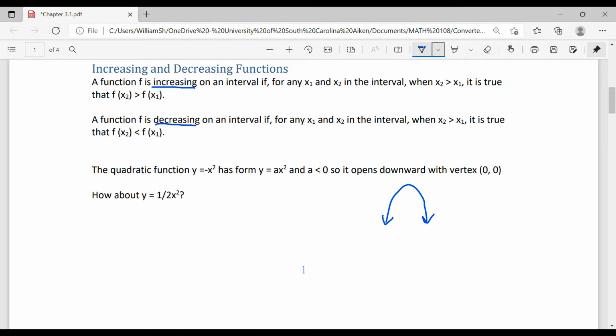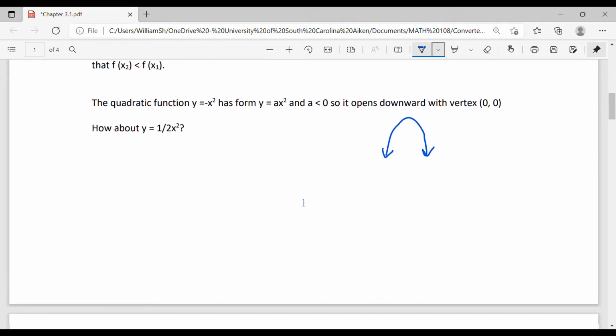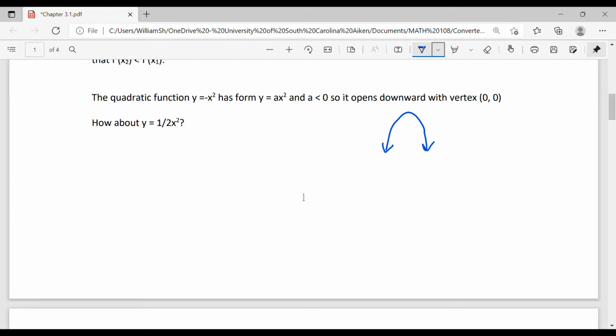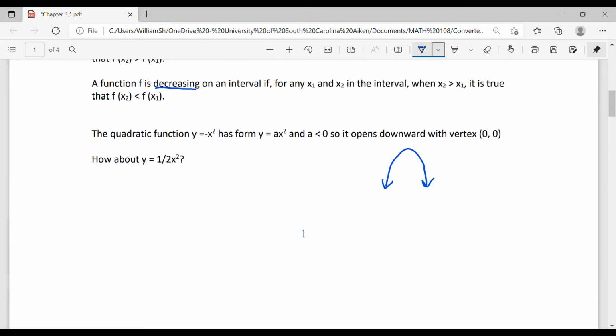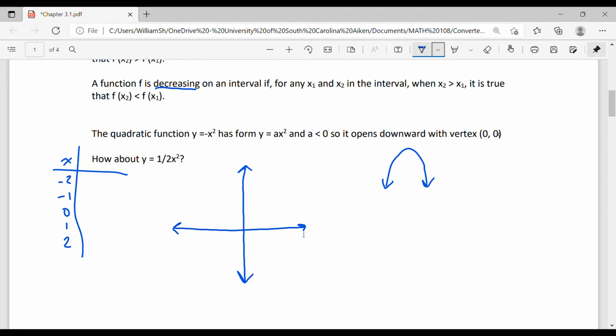Now let's look at what happens if we have a fraction, especially a fraction that is between 0 and 1 in front of our x squared. Okay, so with one half, it is positive, so it's going to open upward. But what changes is, if I'm looking at a sketch graph of it, let's go from negative 2, negative 1, 0, 1, 2 for our x, and then for our y.